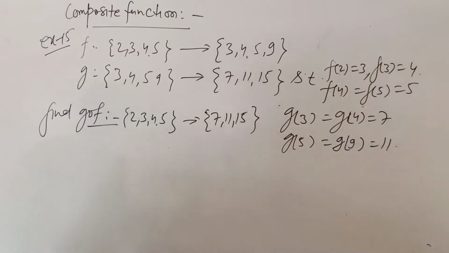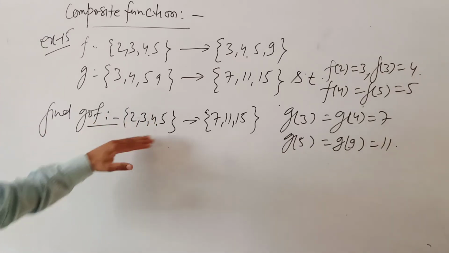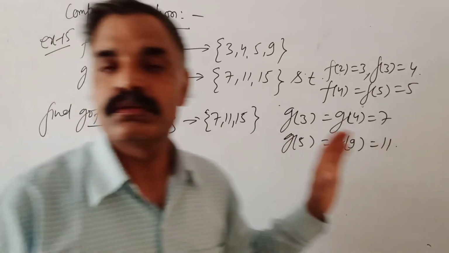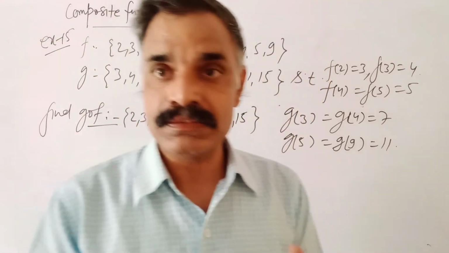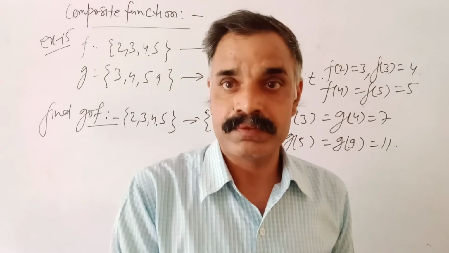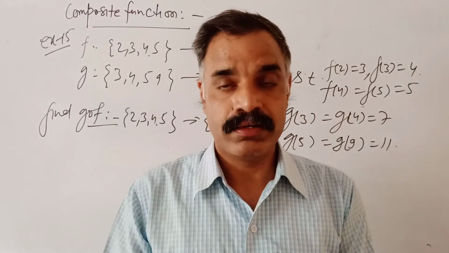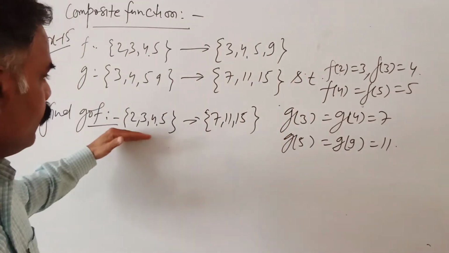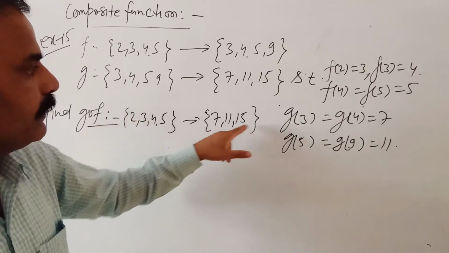Or we can say that the domain of gof is the domain of f and the range of gof is the range of g. So the domain of gof is 2, 3, 4, 5 and the range of gof is 7, 11, 15.